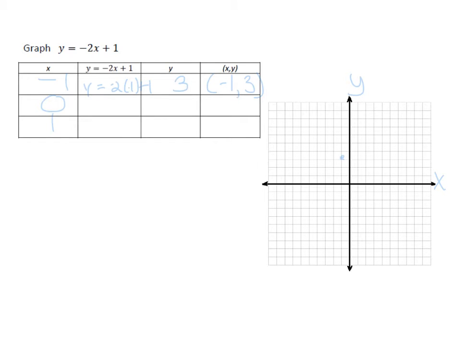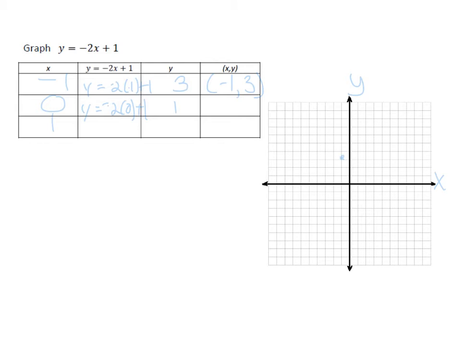So now we're going to plug in our second value, which is 0. We go back up to the table, and we have y equals -2 times 0 plus 1. What is -2 times 0? Well, -2 times 0 is 0. 0 plus 1 is 1.